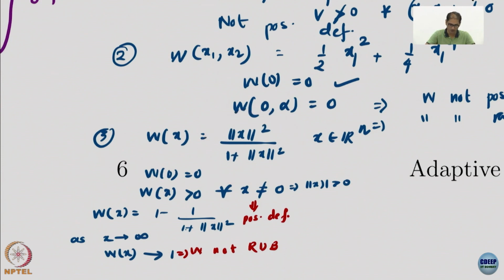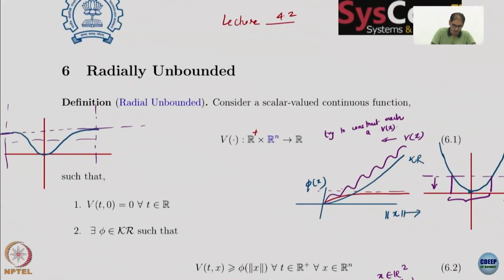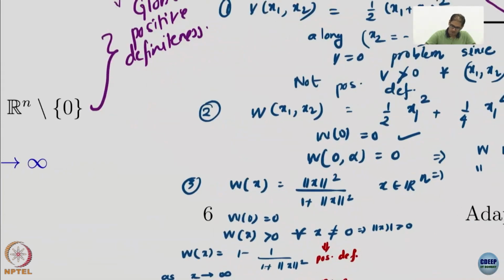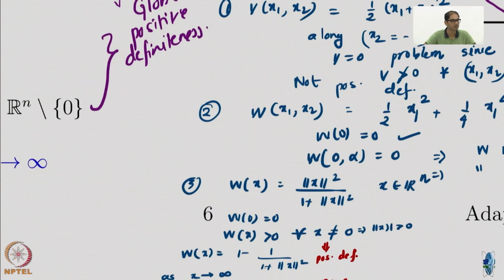The maximum value this can take is 1 as x goes to infinity, therefore it is not unbounded. The shape may be different, but it tapers off and doesn't go to infinity. So this cannot be used for global stability analysis, only for local results.